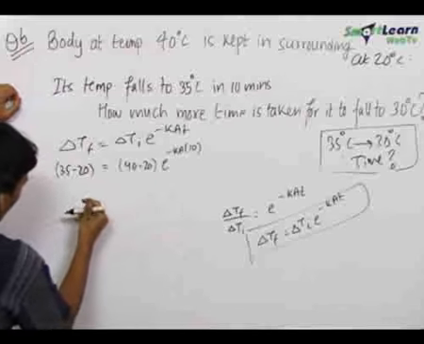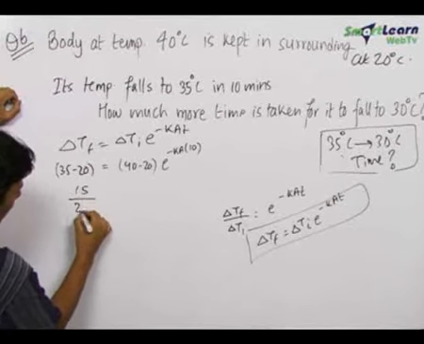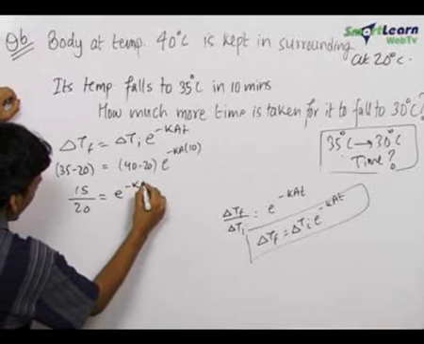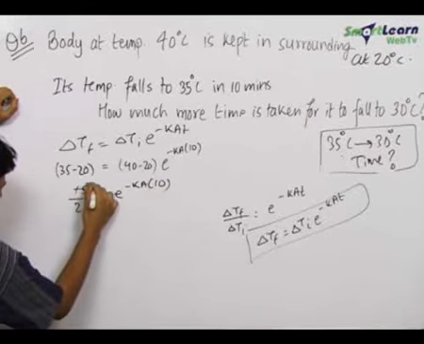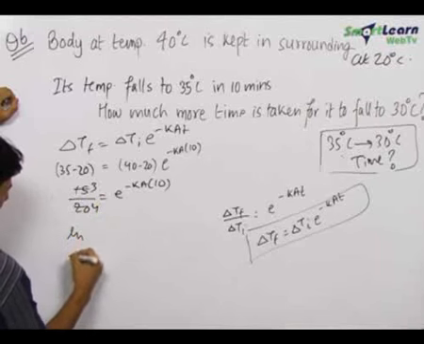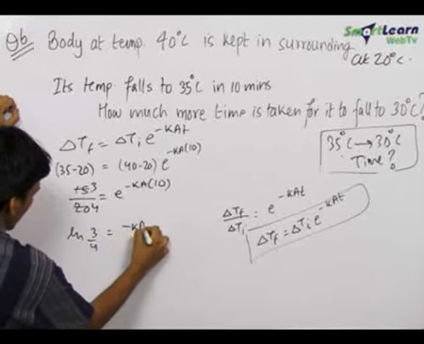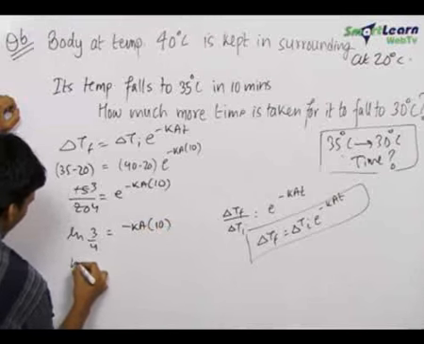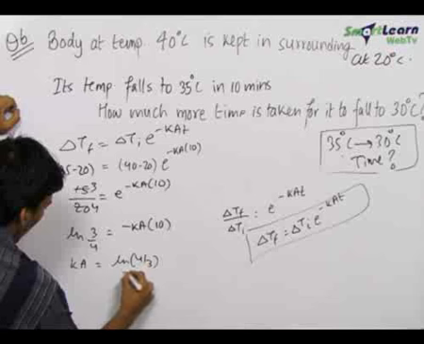From this we get 15 upon 20 is equal to e raised to the power minus KA into 10. Taking logarithm on both sides, we get ln of 3 by 4 is equal to minus KA into 10. Therefore, KA is equal to ln of 4 by 3 upon 10.